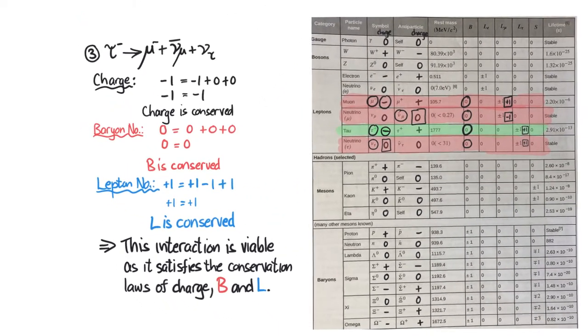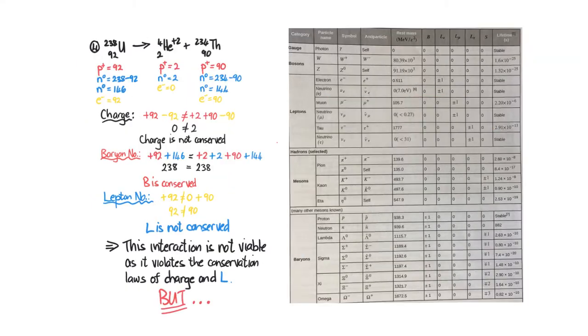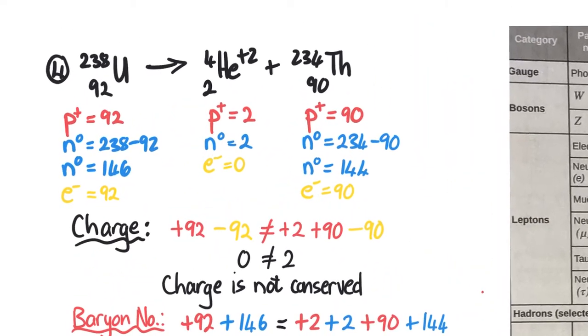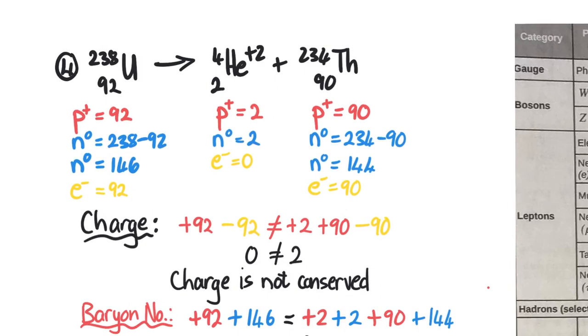So now let's move on to the last question. Here we're looking at uranium-238 decaying into what we'll learn about later on as an alpha particle plus a thorium-234 atom.